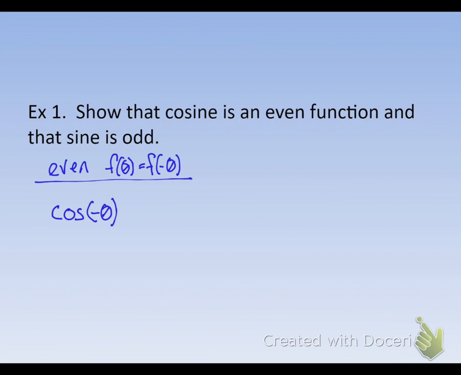And then when we look at the restricted domain of cosine, our restricted domain, I'm going to write just capital D, is 0 to pi. So that is the top half of our unit circle. If you look at the top half of the unit circle, it is always a y value that is positive.